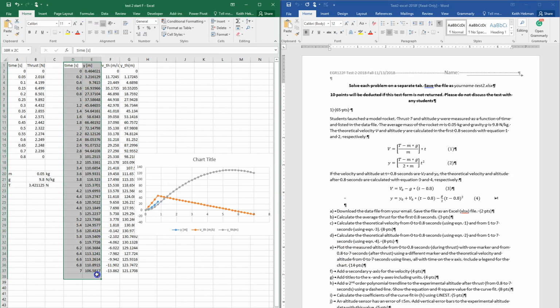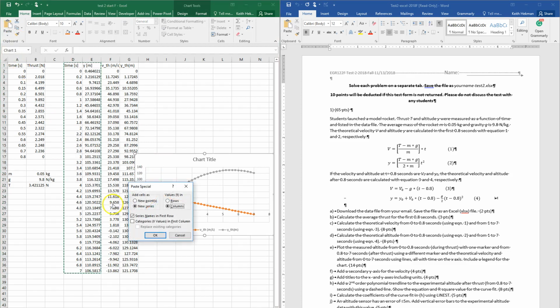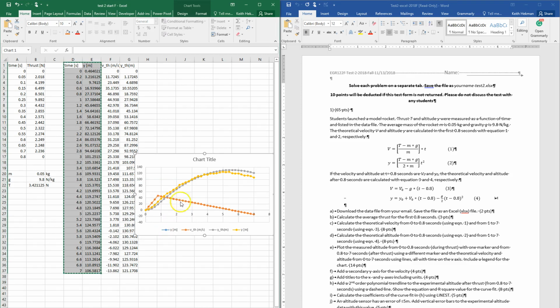So then we can copy this and paste special. Values are in columns and categories are in the first row. And then we can adjust this down. Starting at 1.